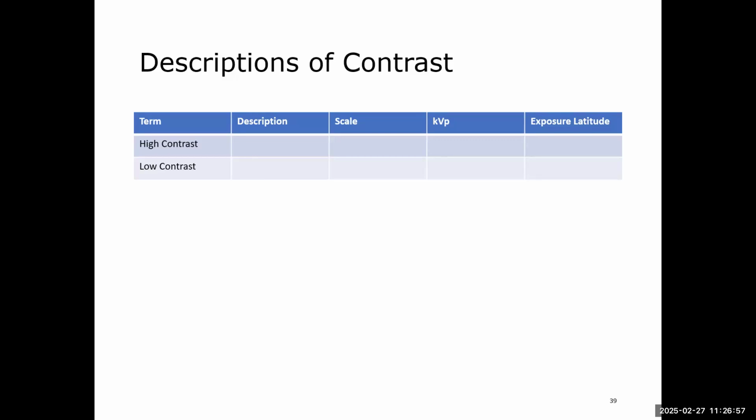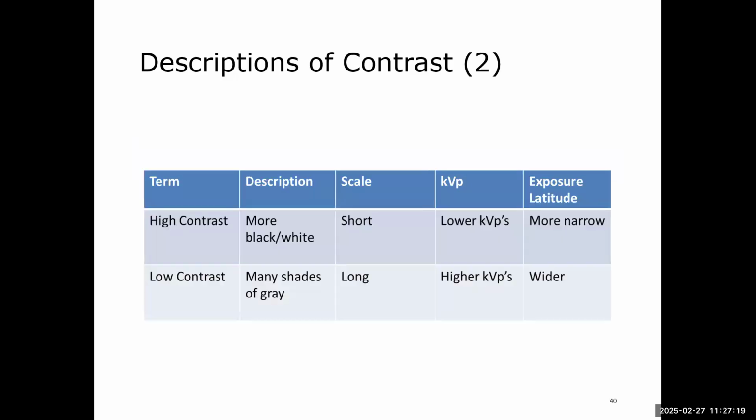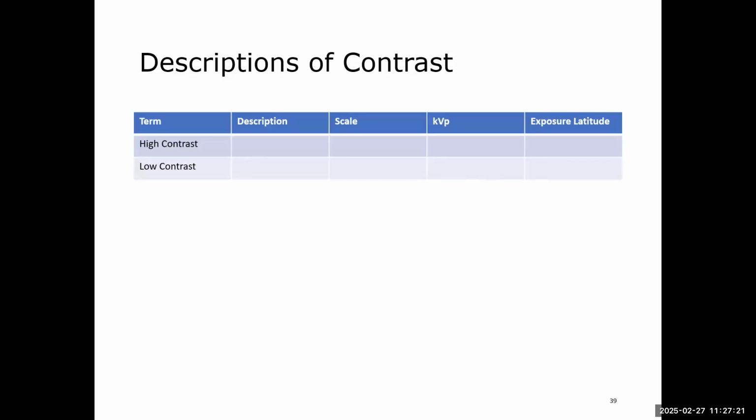So we said that's very black and white. What kind of scale is that? Short scale. It's either black or white. Very few shades of gray. What kind of KVP gives us that high contrast? Lower KVP, right? And then what kind of exposure latitude? Narrow, yeah.